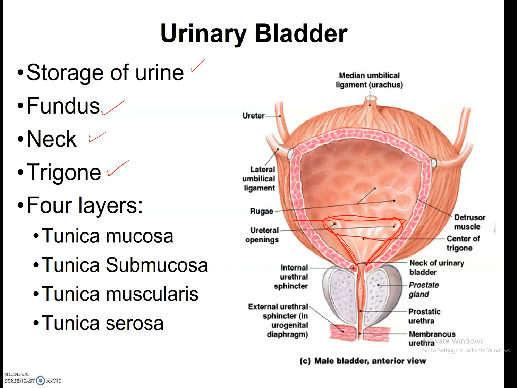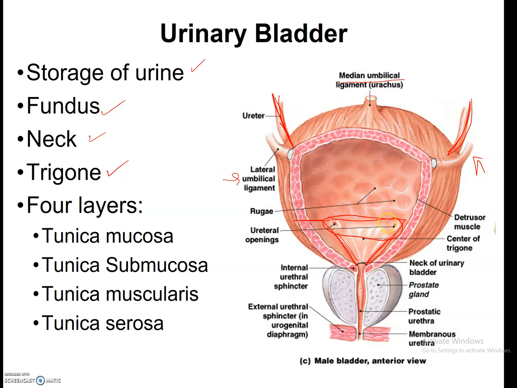There's plenty of detrusor muscle over here. The ureters drain up here in the superior lateral aspect of the urinary bladder. There's the median umbilical ligament helping support the urinary bladder, and then there are the lateral umbilical ligaments, the left and the right.